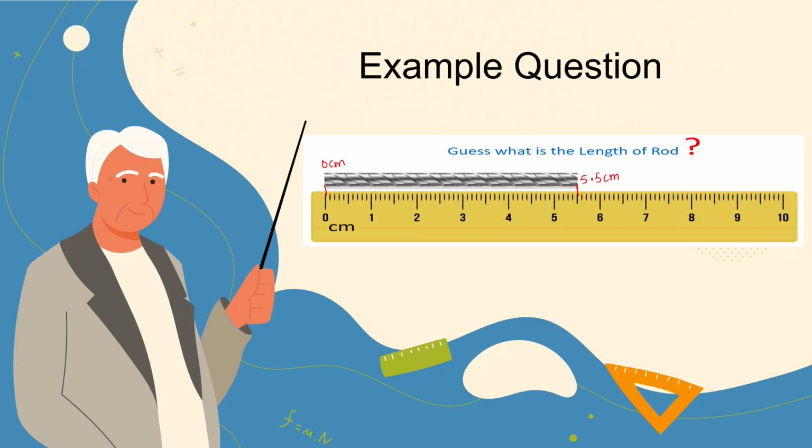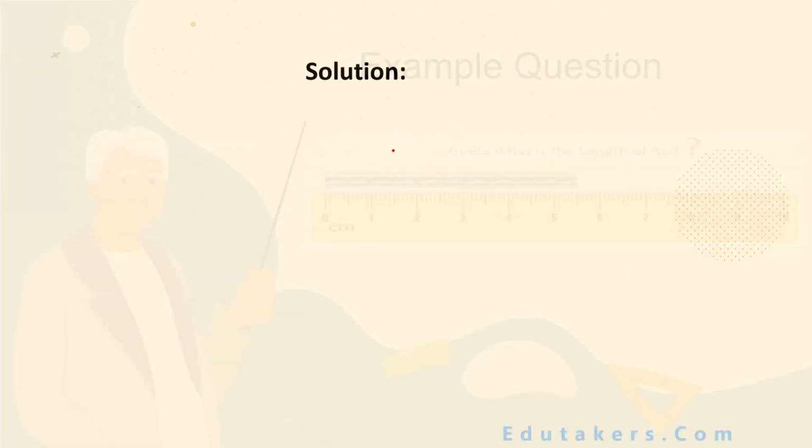When you have to measure the length of the rod, just subtract the initial reading from the final reading. So it would be 5.5 minus 0, which is 5.5 centimeter. In this case, the length of this rod is 5.5 centimeter.